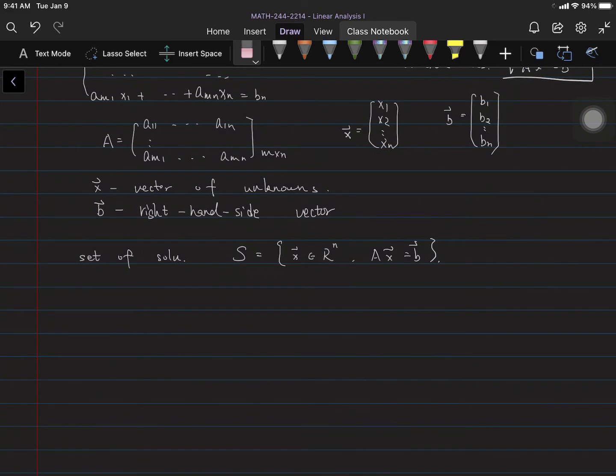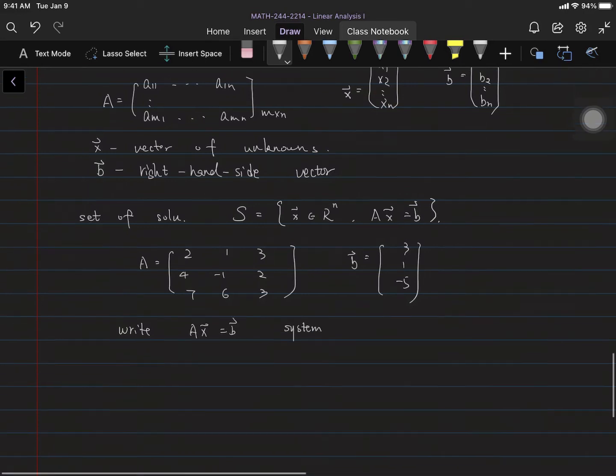Now let's take a look at this one. For example, if A is given by 2, 1, 3, 4, negative 1, 2, 7, 6, 3, and b is given by 3, 1, negative 5, please write out the linear system.